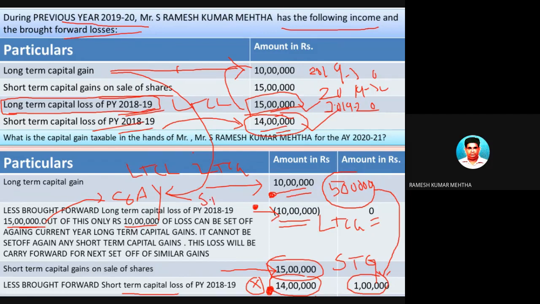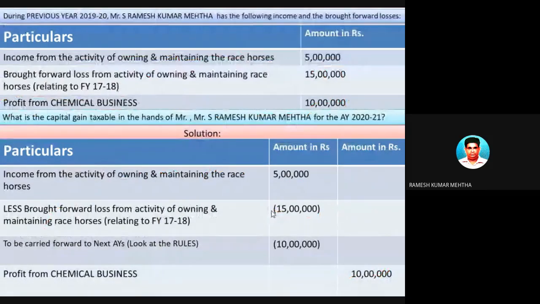Short-term capital loss can be set off against short-term capital gain as well as long-term capital gain. As this is not permitted, it is not set off. So this is the way the second problem has been solved.